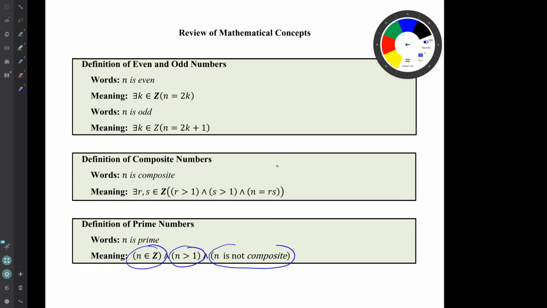So if any of those things fails, then our number cannot be prime. Well, let's see if we can prove that our number is composite. Let's go up here. The definition of composite numbers is that the number can be factored where both of the factors are greater than 1. Let's go back down and look at our factorization and see what we can say about the sizes of those factors.